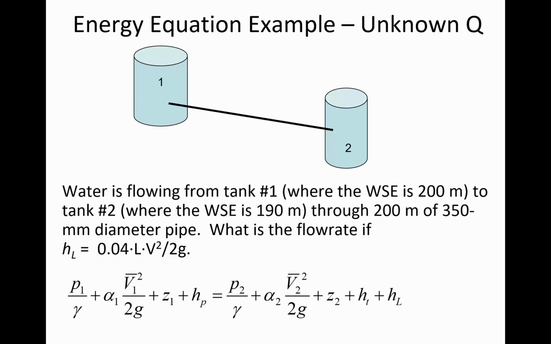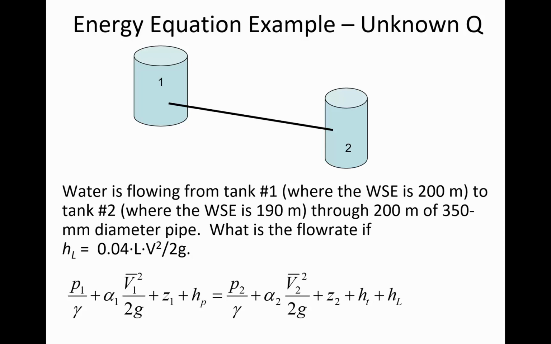So what we're trying to find here is what's going to be the flow rate through the pipe. And the key is to determine V, the velocity through the pipe, which is one of the terms in this head loss formula. All right, so let me pause for a second. And I've given you, I think, some pretty direct hints on what you should choose as location 1, what you should choose as location 2.